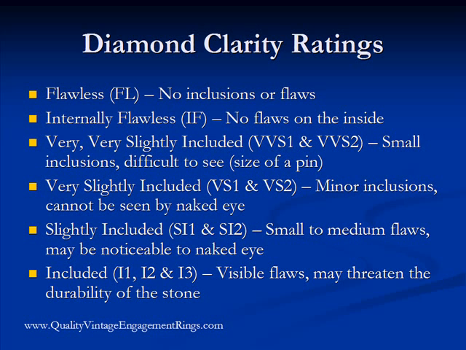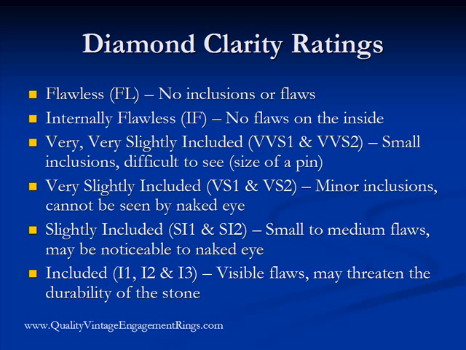And then the next level is very slightly included. And again, there are 2 levels within this rating: VS1 and VS2. The very slightly included diamonds do have minor inclusions, but the flaws cannot be seen by the naked eye. The flaws are only viewable under the microscope, under that magnification.